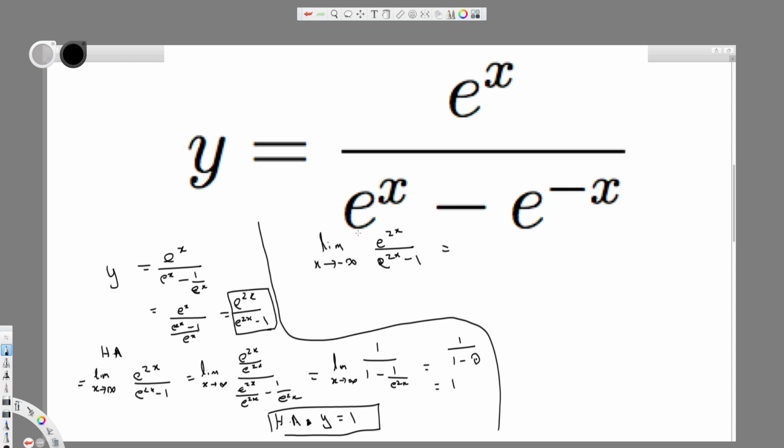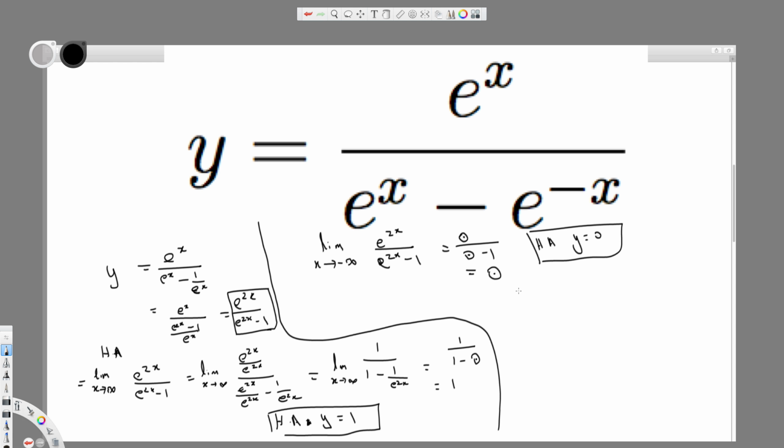If I substitute negative infinity for x, e to the power of 2x will become 0, and the same thing happens here. Therefore it's 0 over 0 minus 1, and 0 divided by any number is 0, right? So the answer is 0. Therefore another horizontal asymptote is y equal to 0. This is my second horizontal asymptote.